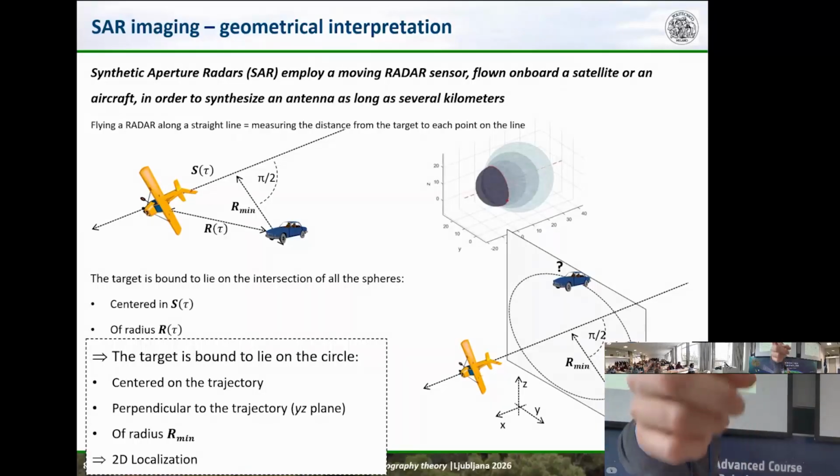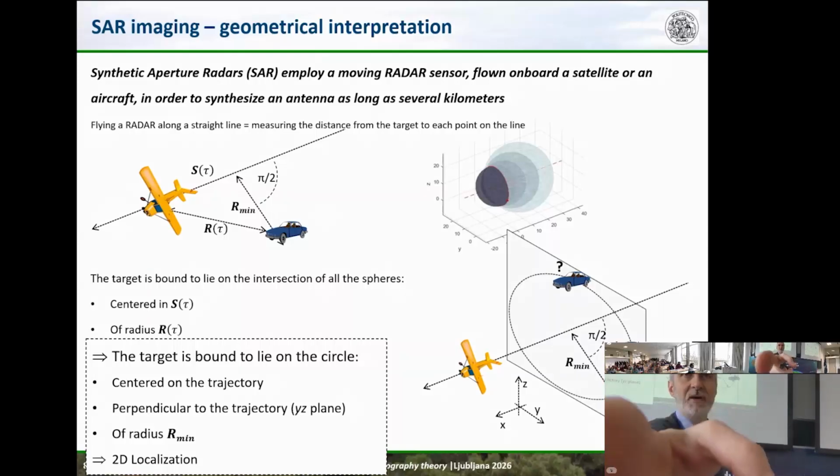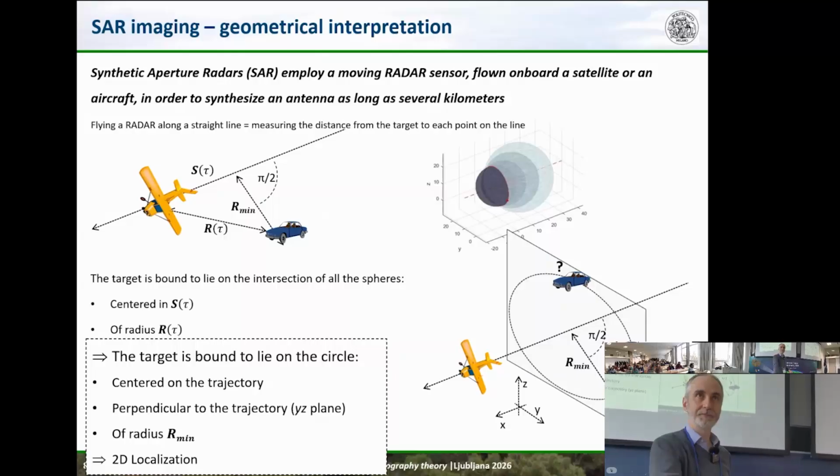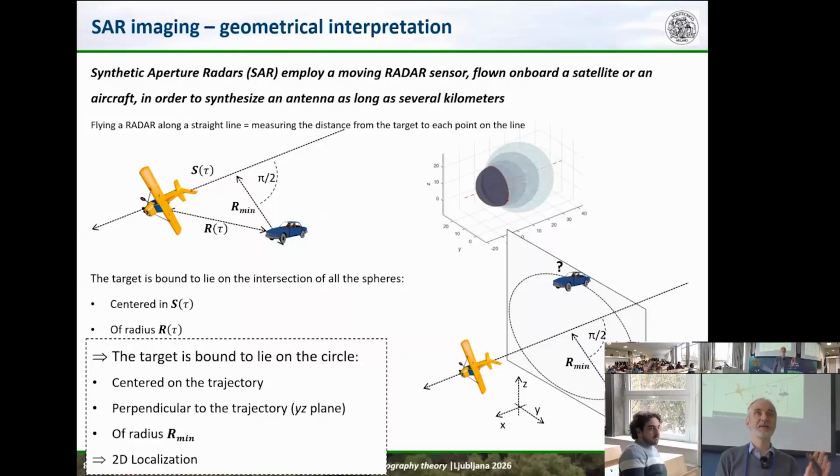Again, if the trajectory is like this, here is the circle. This is a geometrical interpretation.